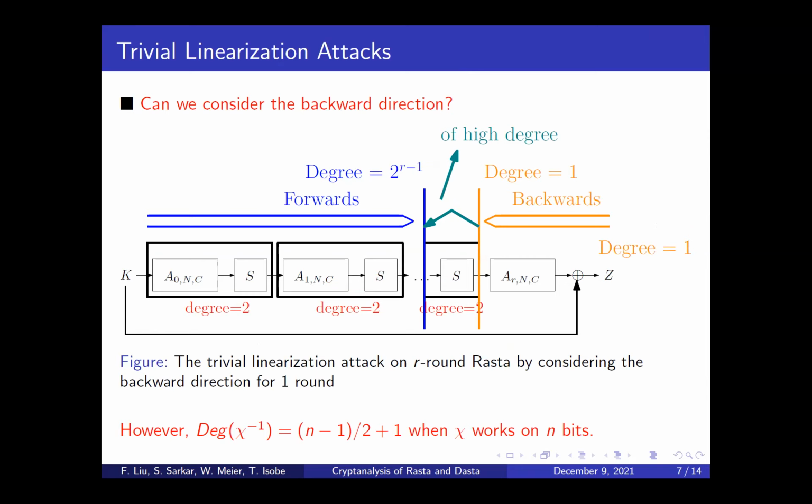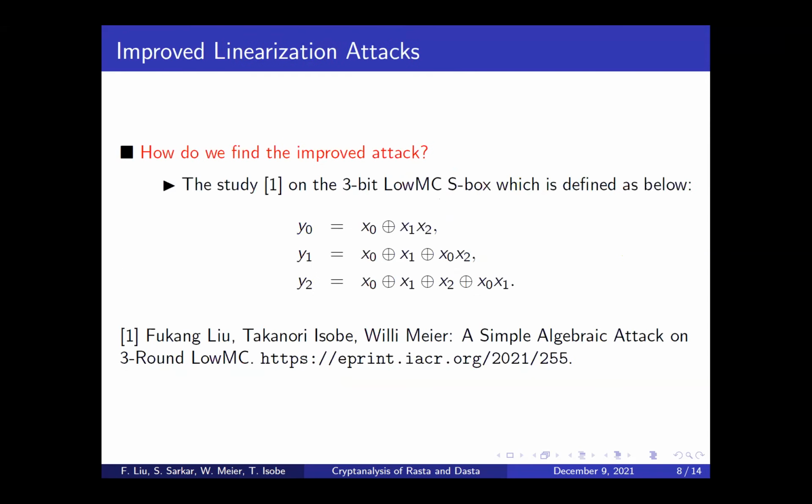So simply inverting the last chi operation will only increase the degree of the equation system, which will only increase the time complexity to mount the linearization attacks. This is what the designers thought, and they directly gave up in this direction. This is also what we thought in 2019. But then how do we find the attacks?